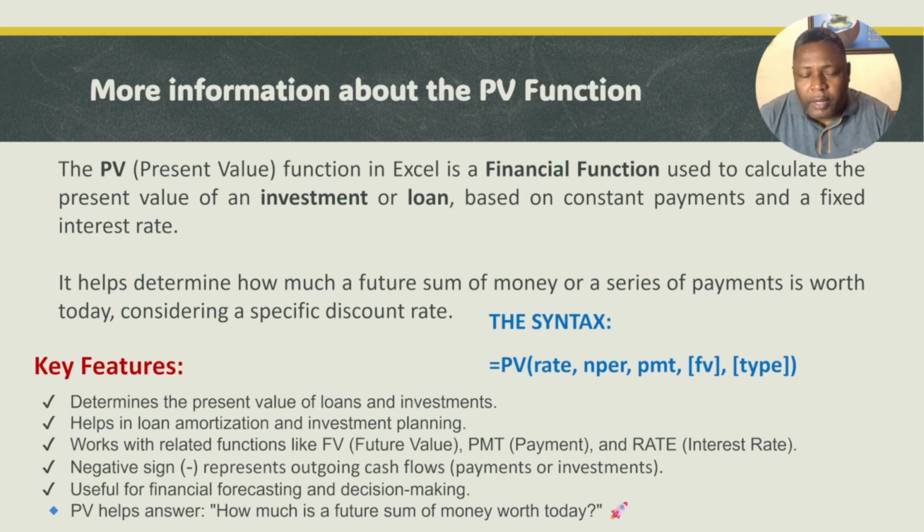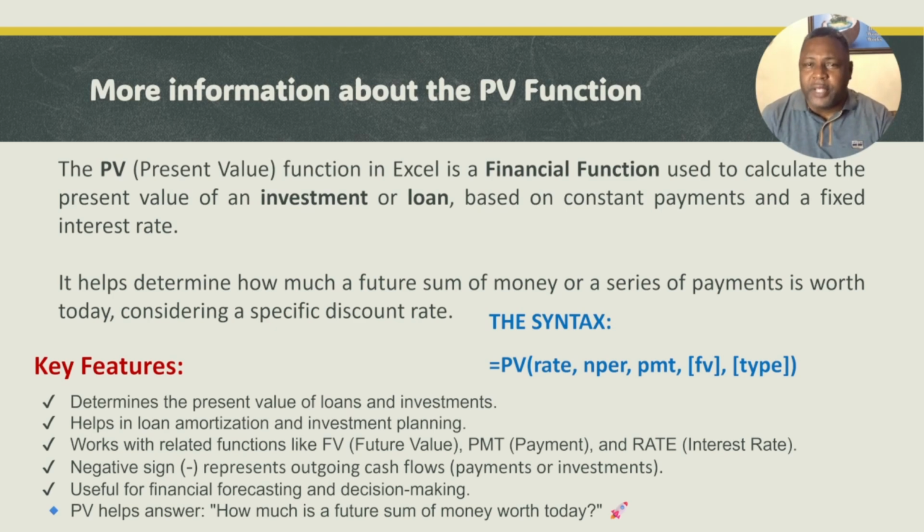So the present value function helps to determine how much a future sum of money or a series of payments is worth today, considering the specific discount rate. So the discounted rate will also be applied.